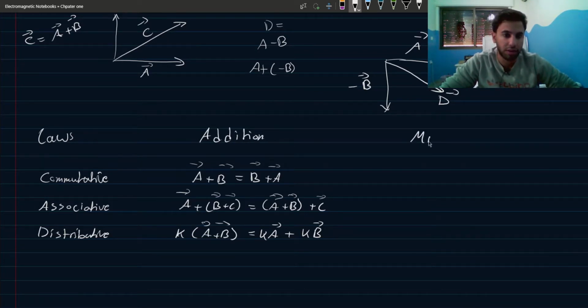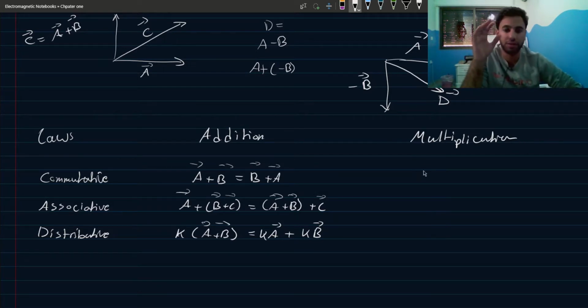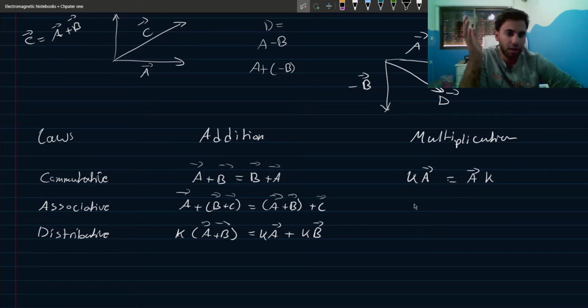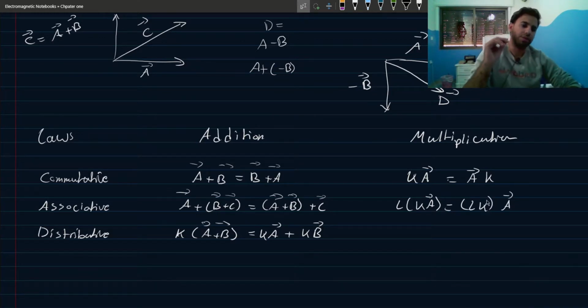There's also multiplication, but this multiplication is not for vectors, it's for scalars and vectors. It is only commutative. We have K multiplied by vector A is also equal to vector A multiplied by K. And if we have a second constant L multiplied by constant K times vector A, it is equal to L multiplied by K multiplied by the vector.